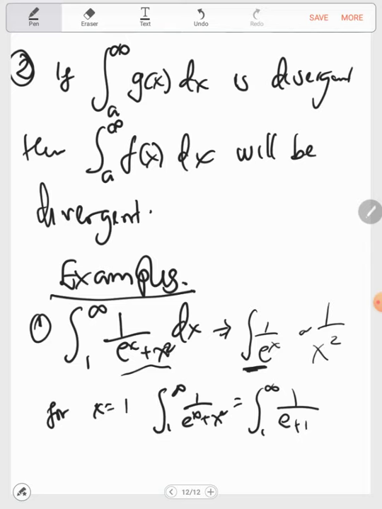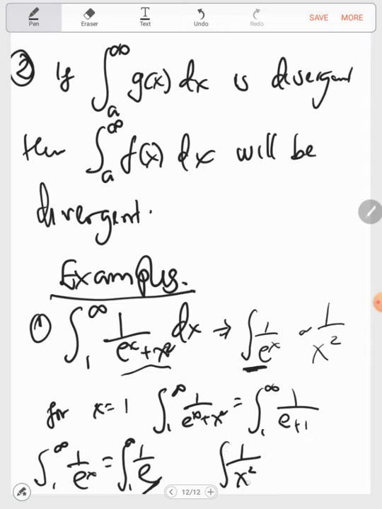And the other one, where we have 1 over e^x, we just have 1 over e. So this function now becomes actually bigger, but it would also be important to use this function.